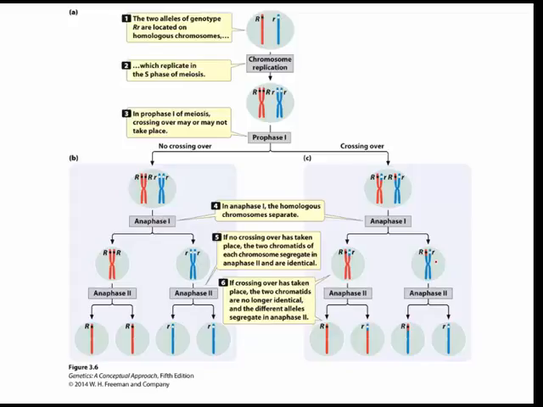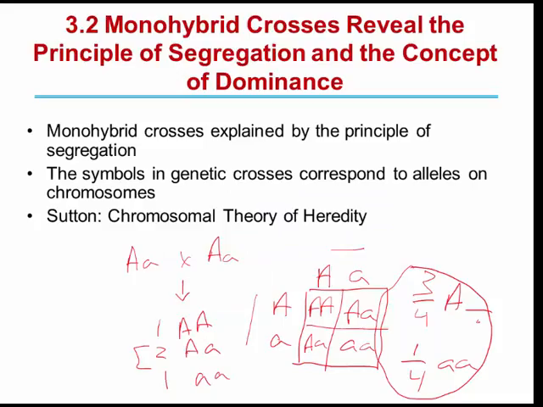And then the chromosomes describe, once we start looking at the chromosomes or thinking about the chromosomes, they explain how the alleles segregate. So if we go back, this mentions that Sutton, it was actually Sutton and Boveri sort of separately, came up with the chromosomal theory of inheritance.